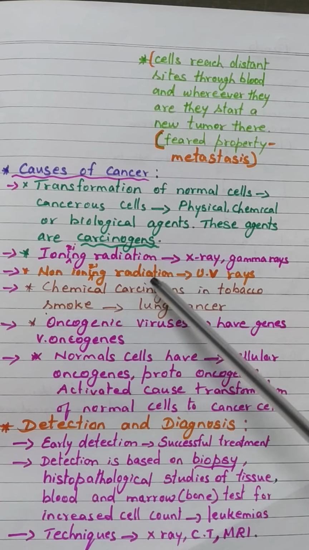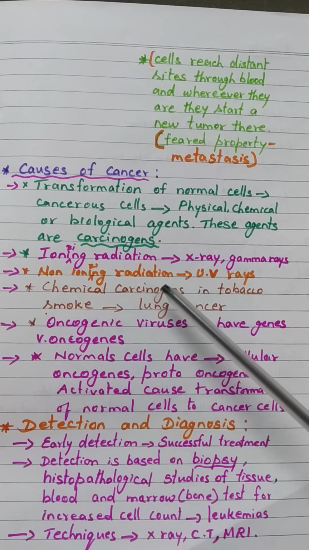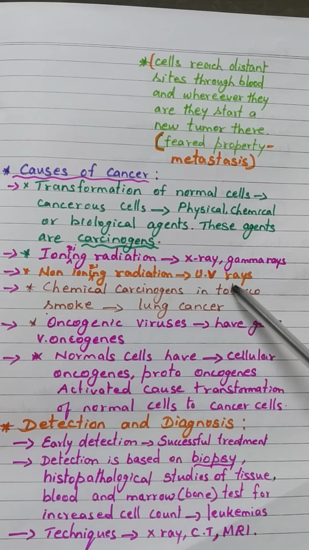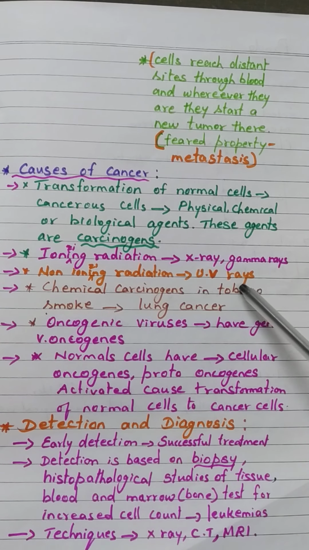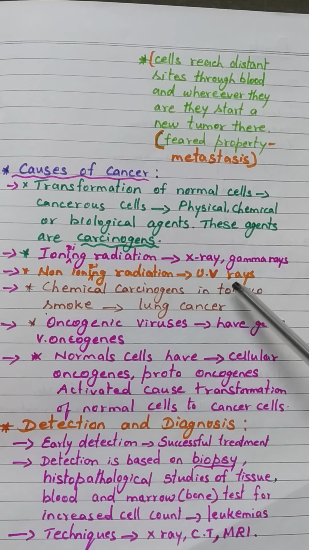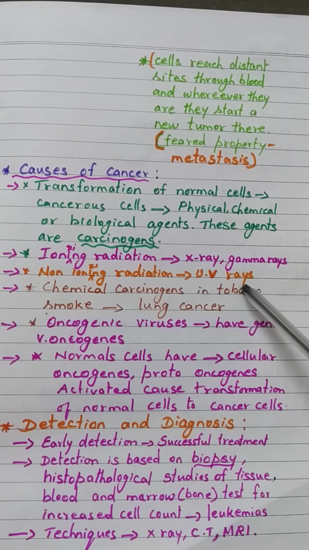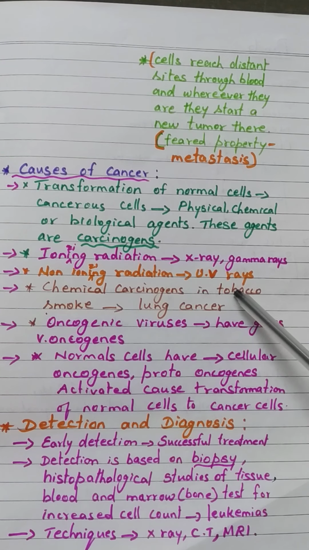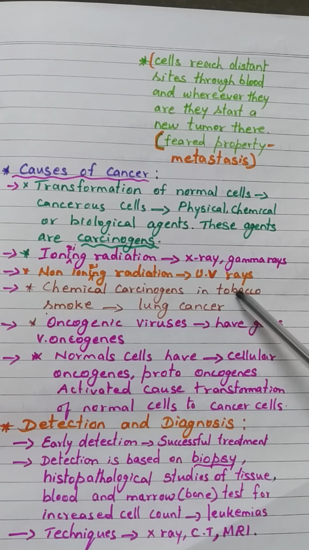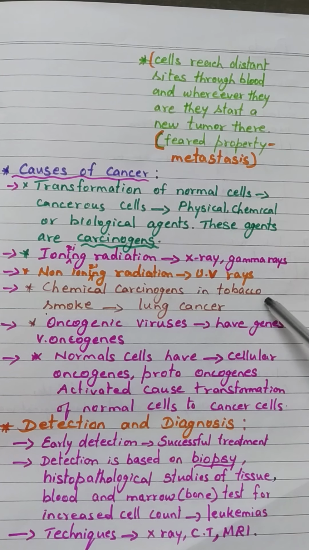Ionizing radiations like X-rays and gamma rays, and non-ionizing radiations like UV, cause DNA damage, leading to neoplastic transformation. Neoplastic transformation means changing the normal cell into cancer cells.